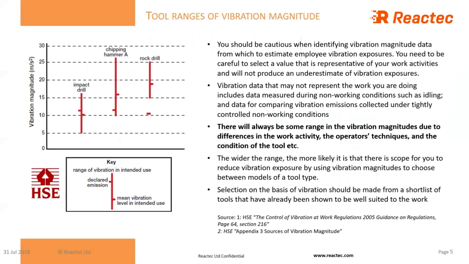The HSE are also very clear in their guidance in terms of how there is a range of vibration magnitude that's possible from any particular tool, as is evidenced in this particular graphic. So you can see an impact drill, the HSE through their real use measurements have experienced the same drill being able to be used in a manner that emits anything from 5 up to 16 meters per second squared, or a chipping hammer going anything from 10 to 26 meters per second squared.